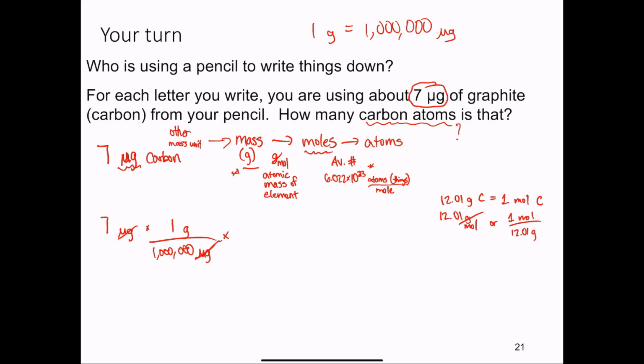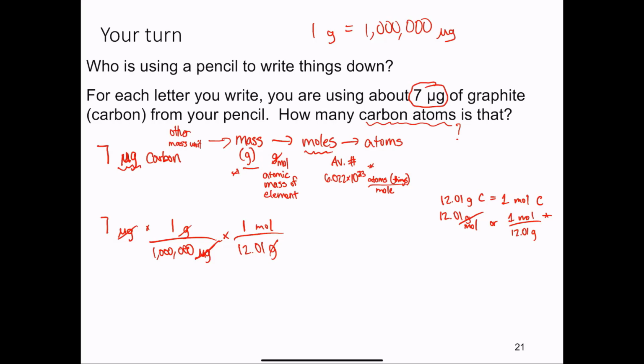Okay, so which way do we want to use it to get out of grams and into moles? That's right, we want to use option number 2. So we're going to write in 1 mole per 12.01 grams. Then that makes my grams cancel out, and now whatever this number is at this step, it's going to be in units of moles.